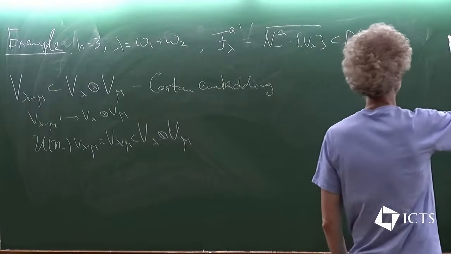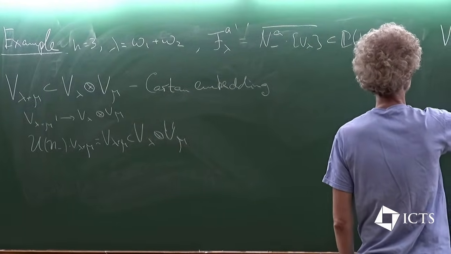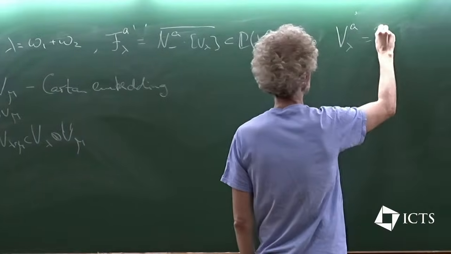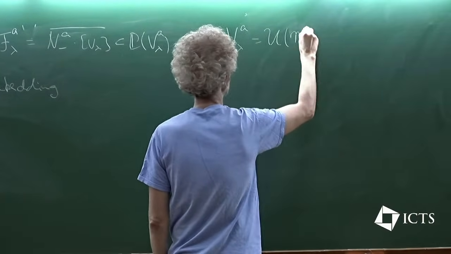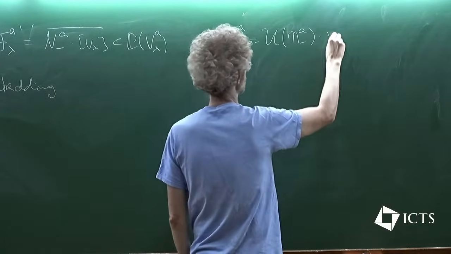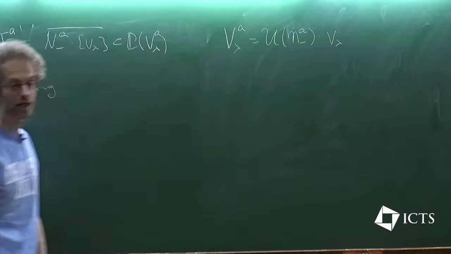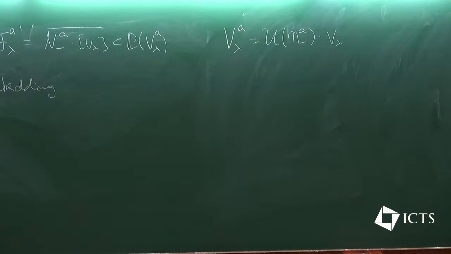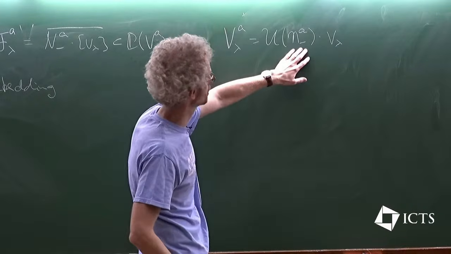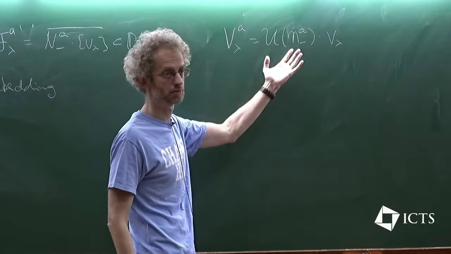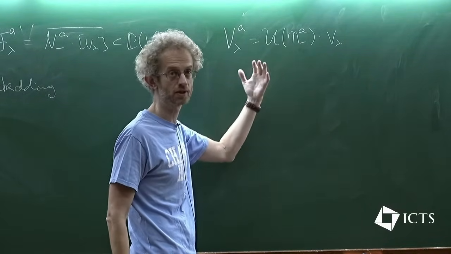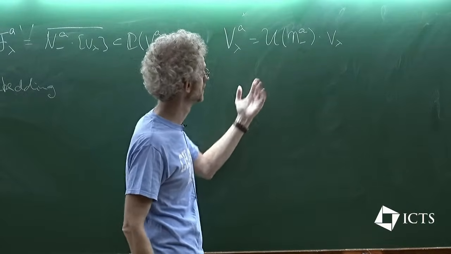So now let's look at V_λ^a, and we see that this is U(n^-_a) applied to V_λ. Okay, so our algebra is now abelian, but still we apply all possible operators and we get the whole space. So of course this universal enveloping algebra is just a symmetric algebra, a polynomial algebra, right? Because the operators commute.